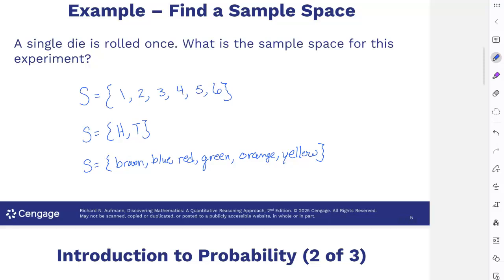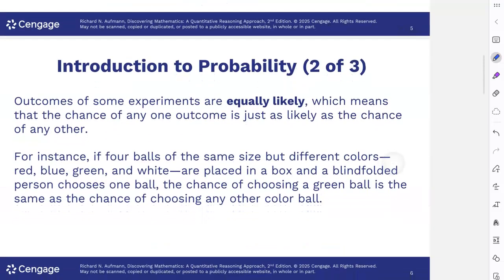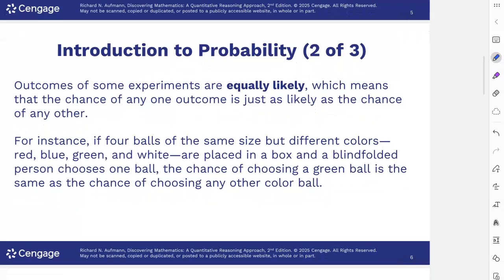Same thing with flipping a coin. You have a 50% chance that you're going to get a head and a 50% chance that you're going to get a tail. And then same thing when you talk about M&Ms. I think that they are about equally likely. We've done some experiments in the past in other classes, and they tend to come out that way.